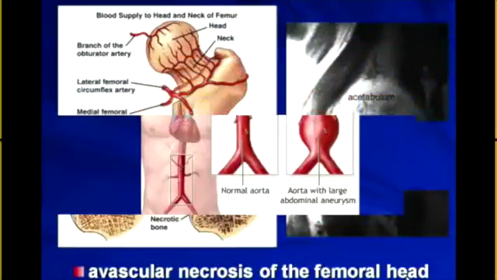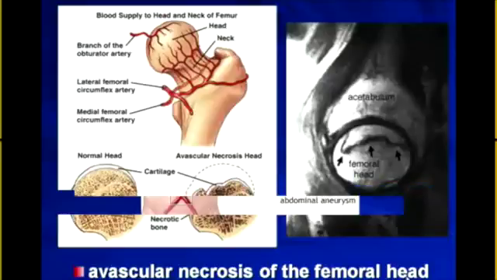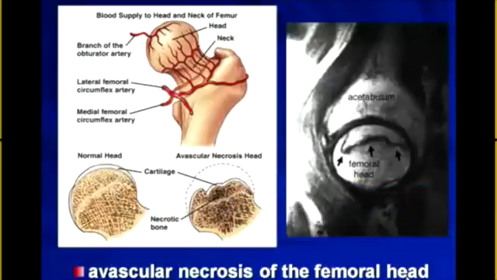Another vascular cause of hip and groin pain is avascular necrosis, which is the loss of blood supply to the head of the femur. Certainly it's most commonly caused by fracture or dislocation, or a total hip joint replacement will sever the blood supply, and it can also be the reason why a total hip joint replacement is needed.